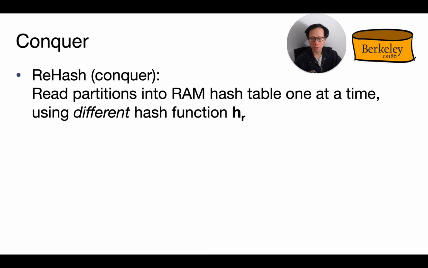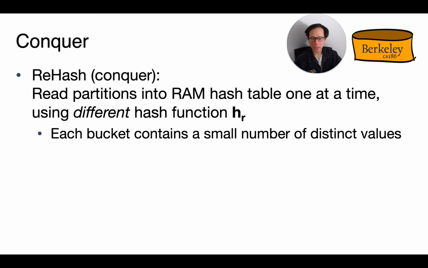This time, we are going to use a different hash function, namely h sub r, that is independent of h sub p. As we read tuples in from a partition, we are going to build an in-memory RAM-based hash table based on h sub r, just like our traditional hash table that you learned about in your lower division courses.